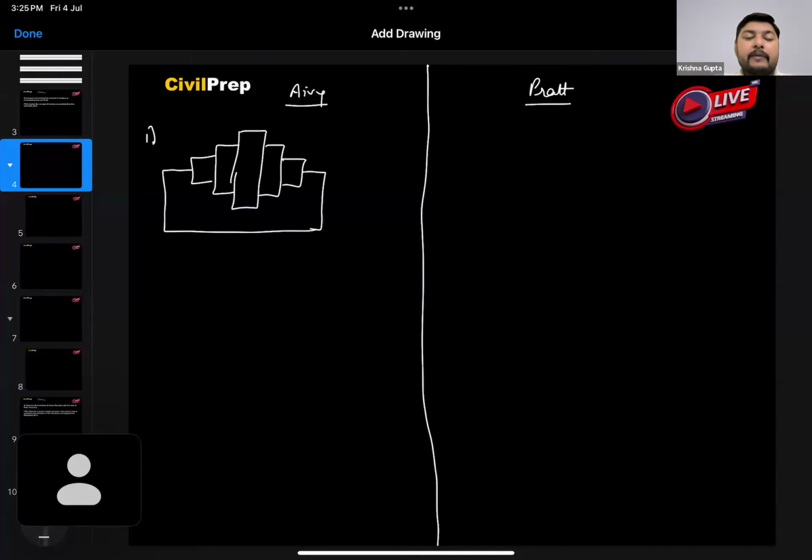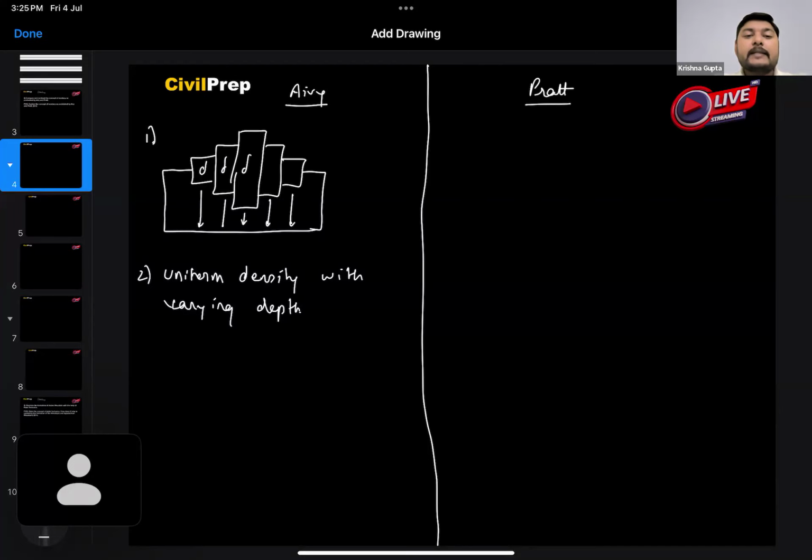So the concept is given as uniform density with varying depth. Here we can see the depth of all the blocks is different, but the density of the blocks is the same.